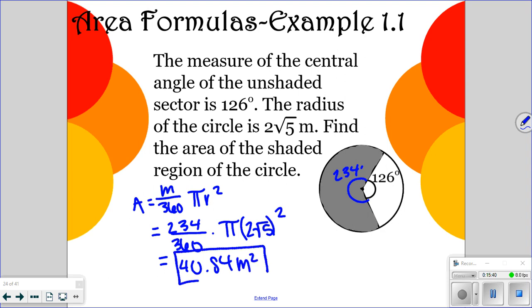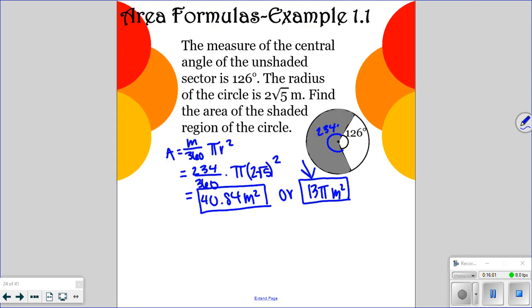So if you want to put it as a decimal, you can do it like that. Or if you want to leave it in terms of pi, you don't plug the pi into your calculator, you'll get 13 pi meters squared. So either one of those is fine with me. Personally, I prefer that one, but if you got this answer, that would be okay.